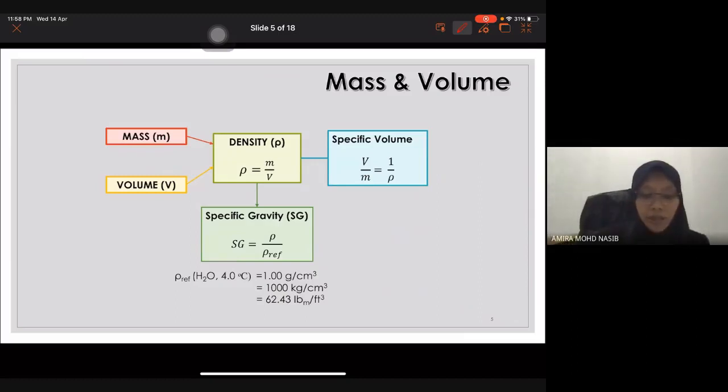So the correlation between mass and volume: we can use density, where density equals mass over volume. Specific volume is the inverse of density. So if density is mass per volume, then specific volume is volume over mass, or we can shorten it to 1 over density.